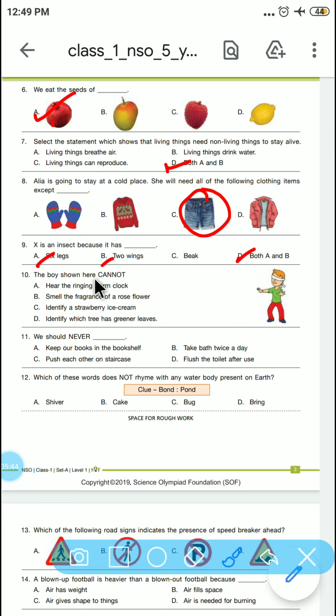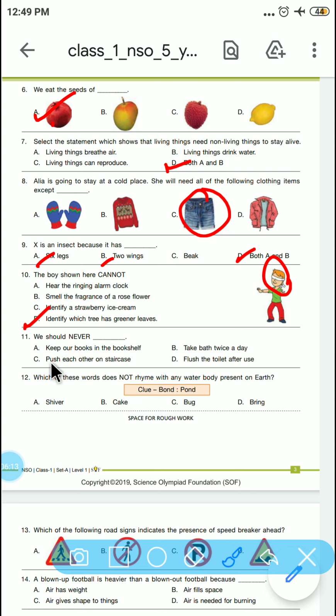The boy shown here cannot. If you see, this boy has a blindfold over his eyes, so he will not be able to see things. So identify which tree has greener leaves, because it can only be identified when he is able to see the tree.